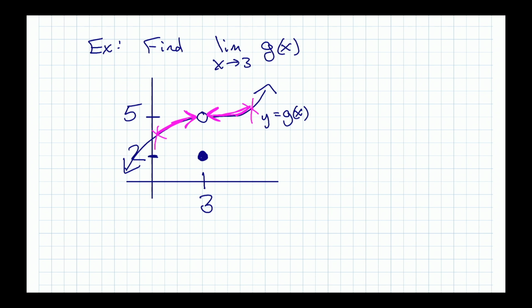So from both directions, from left, from right, you end up right there at that dot. Well, not a dot. You end up at that empty circle, right? So what's the limit as x approaches 3? 5.